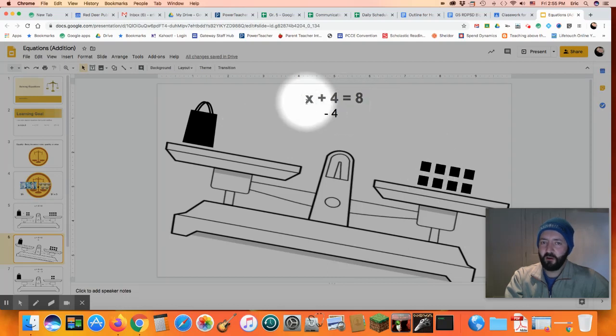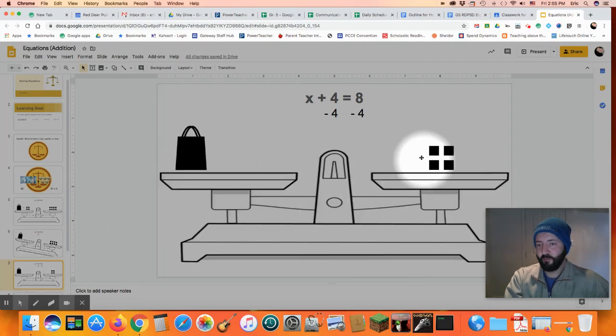Up here on my equation, I just mathematically showed you what I did. From the left side of my balance, I subtracted 4 of those black squares. But remember, guys, we want to keep things in balance. So if I take 4 black squares off of my left side, or if I subtract 4 from the left side of my equation, that also means that I need to subtract 4 black squares from the right side of my equation too.